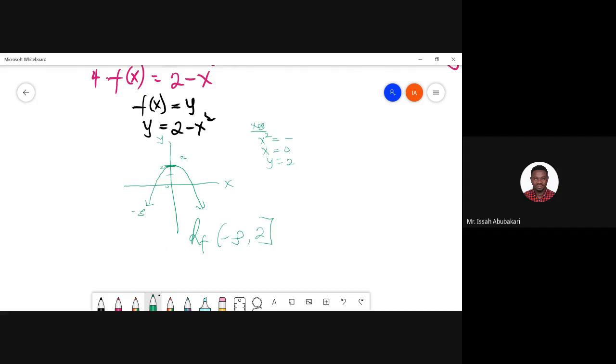Unlike the linear function, which always goes like this, and we don't know where this one goes, and we don't know where this one goes. That's why it's positive infinity to negative infinity. But for the quadratic, since we already know where they are going, the turning point, in this case, the turning point is what? Positive 2. So the y values of this graph is what? Minus infinity to positive 2.